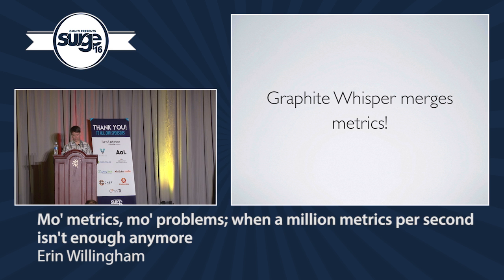That's kind of a neat change. The other nice thing about Graphite Whisper is that each metric is really just a single file on disk. It makes it easy to move around, to copy, and to back up.